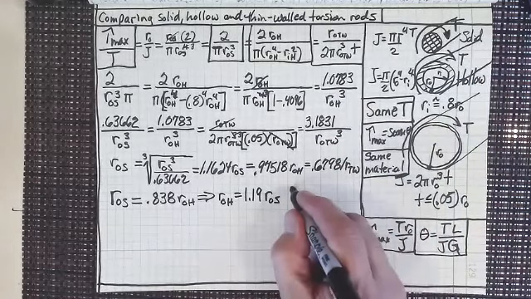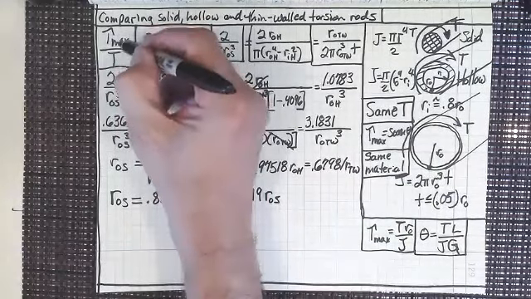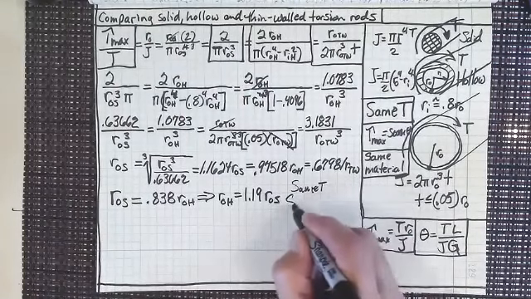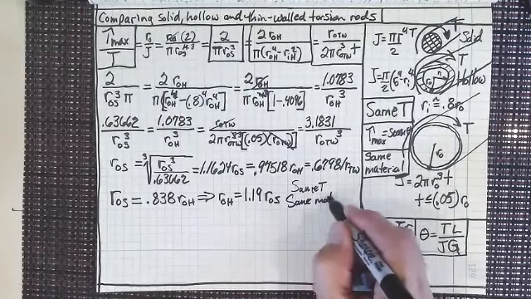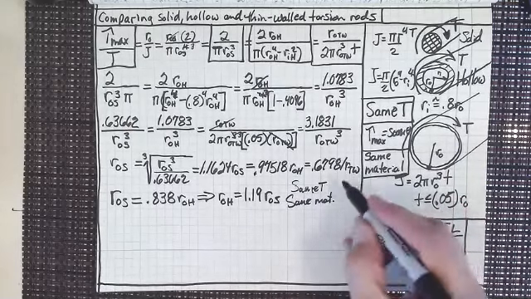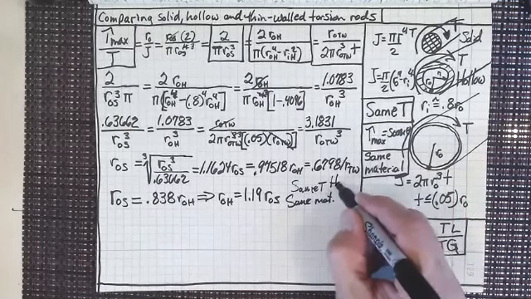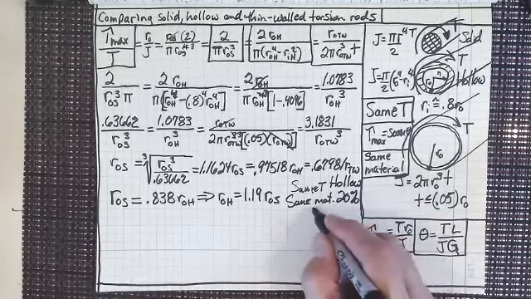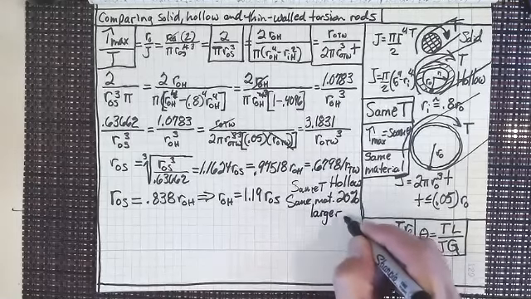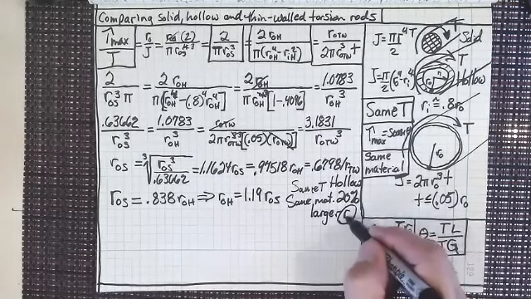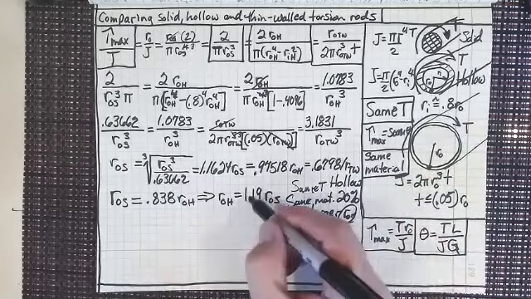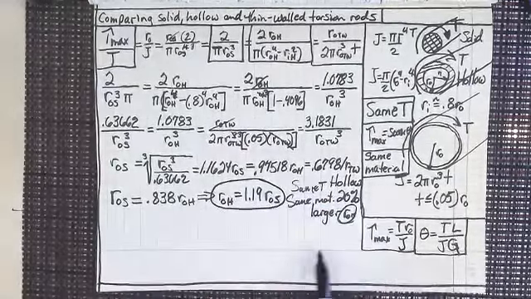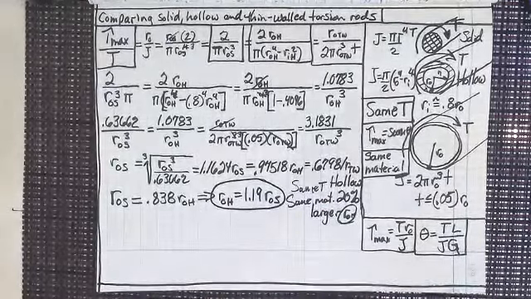So the hollow shaft, same material, steel, same torque, same material, has a 20% larger radius, right? We're going to compare the areas too there in a second, right?